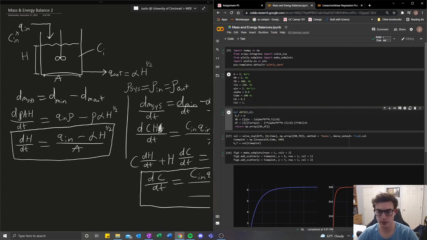And if we update that, then we have our initial conditions. I should be consistent here and put in the units, kilograms per meter cubed for both of them.